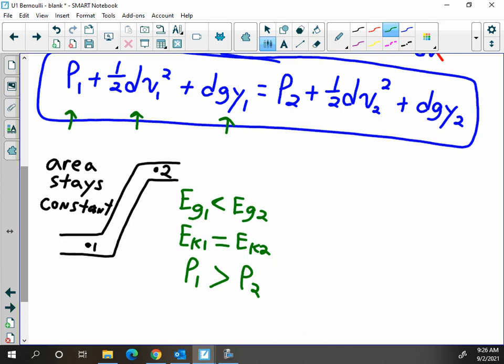Okay, if the area gets bigger here, what happens to the velocity? So it would have less EK and less EG. So it would need even more pressure, right? So we wanted to do the opposite. Instead of making the area down here bigger, we want to make the area down here much smaller, because that would then create more velocity.